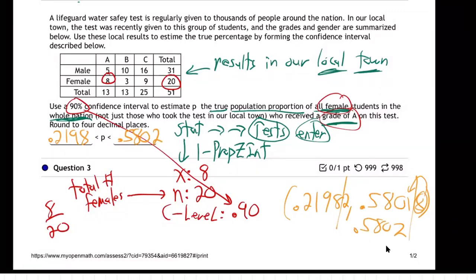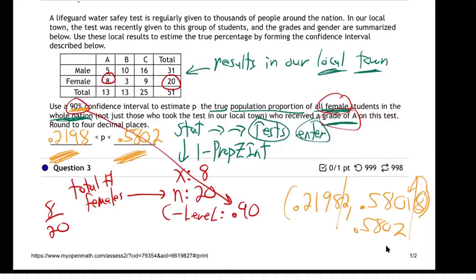So what does this mean? This means we are 90% confident that the true percentage of all women in the nation that get an A on that test is somewhere between 21.98, basically 22%, and 58%.